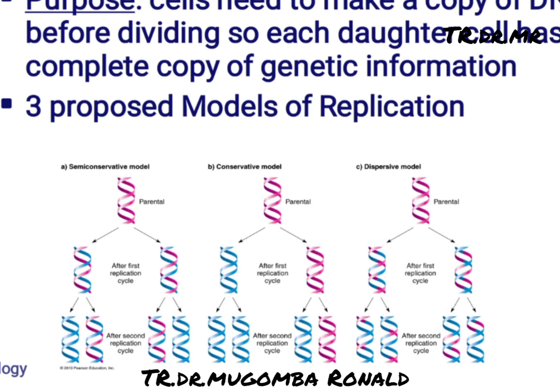So in conservative replication, the whole DNA of the parent is conserved in one daughter cell, while the other daughter cell has completely new genetic material. That is conservative. Then we also have what we call the dispersive model, but we shall not put so much attention to this model.